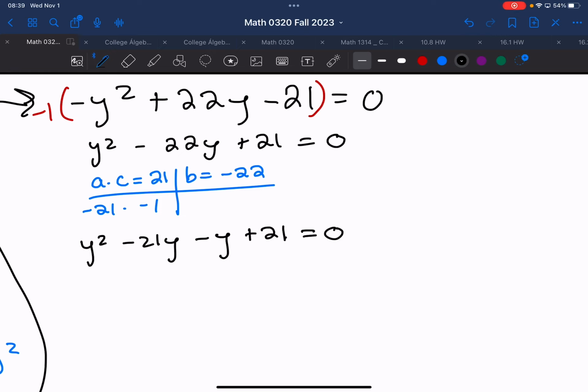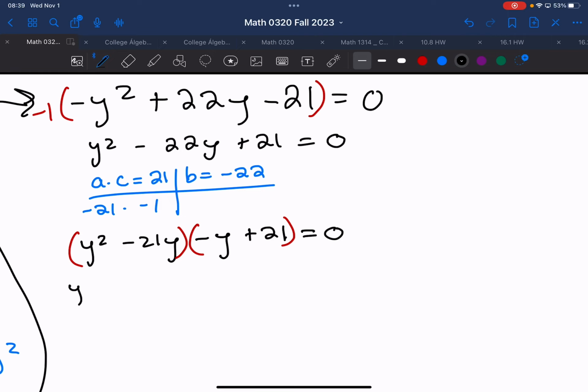Now I have 4 terms, and that tells us we're going to factor by grouping. Once we factor by grouping, what is the GCF we can take out of the first parenthesis?